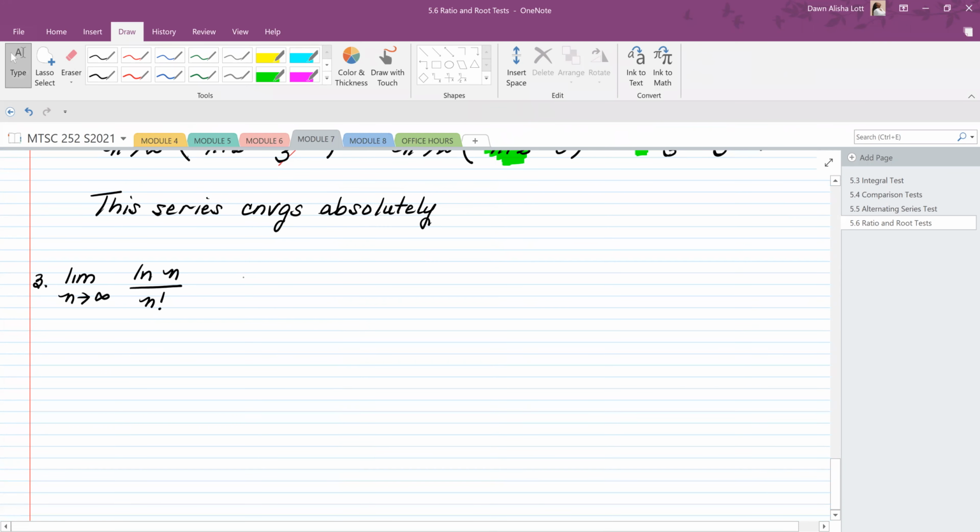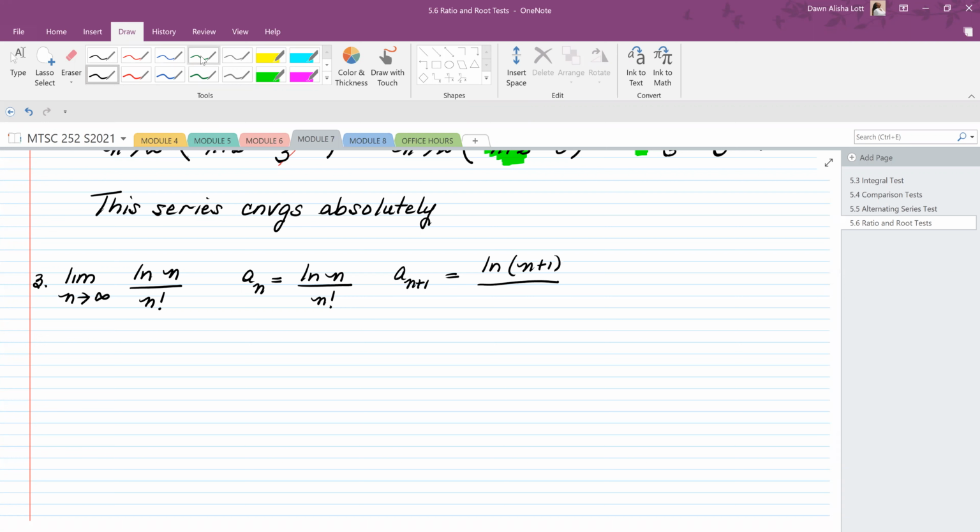So an is equal to the log of n over n factorial, and an plus 1 is equal to the log of n plus 1 divided by n plus 1 factorial.